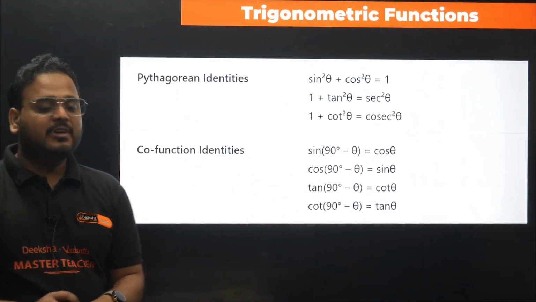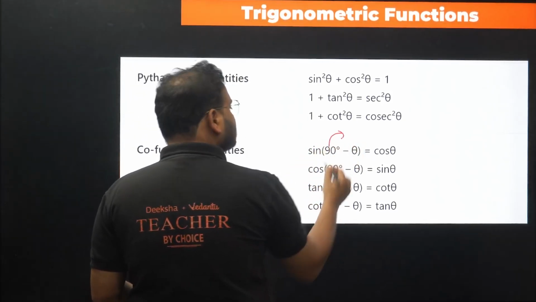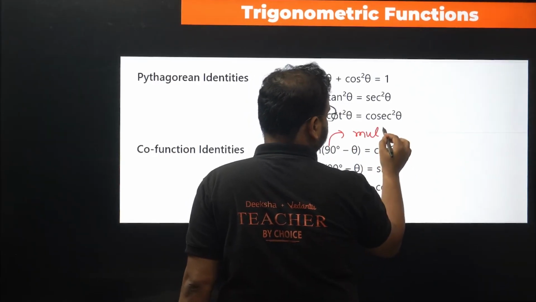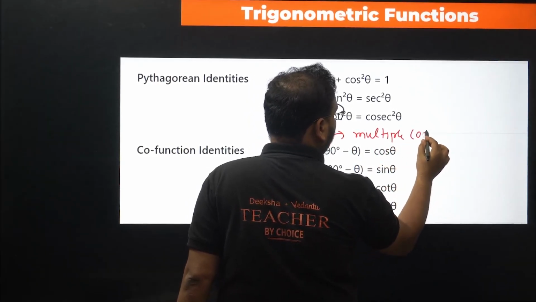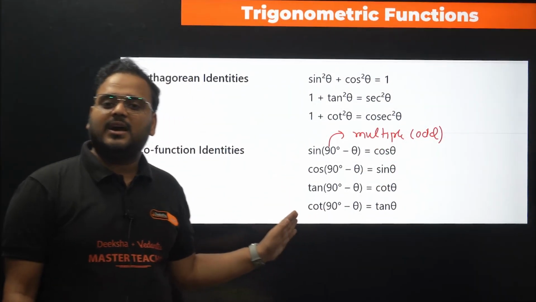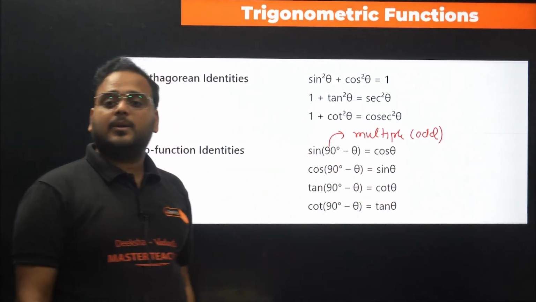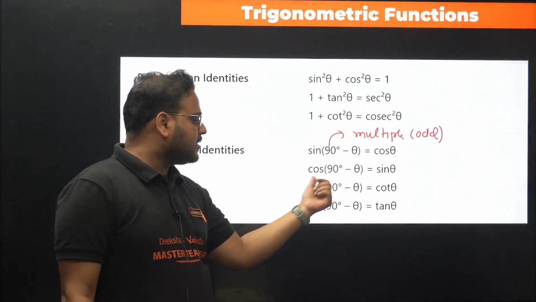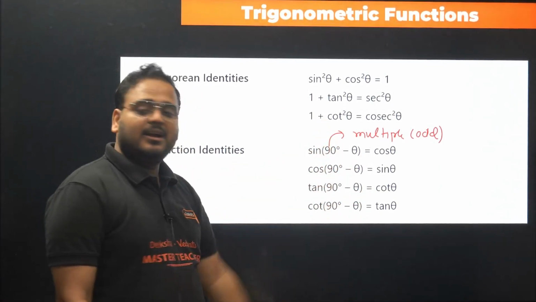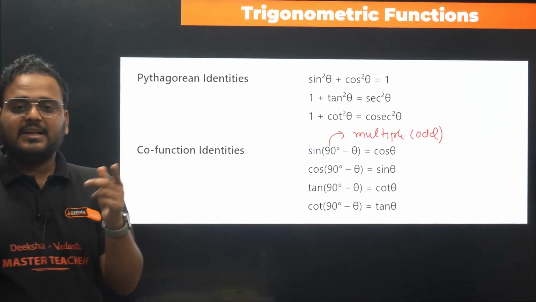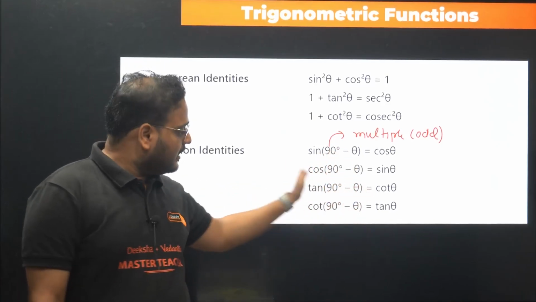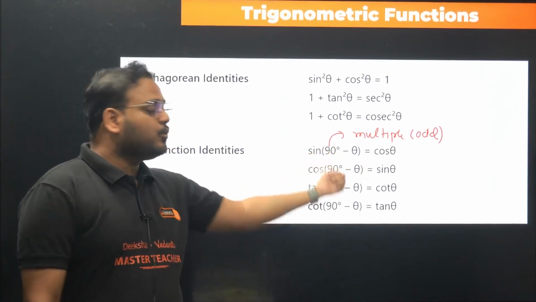Whenever you have an angle that is an odd multiple of 90, meaning 90, 270 and so on, the ratio changes into its complementary counterpart: sin becomes cos, cos becomes sin, tan becomes cot, and cot becomes tan.